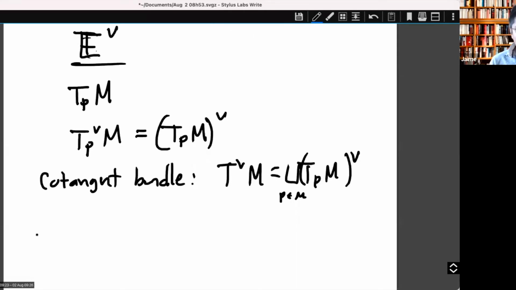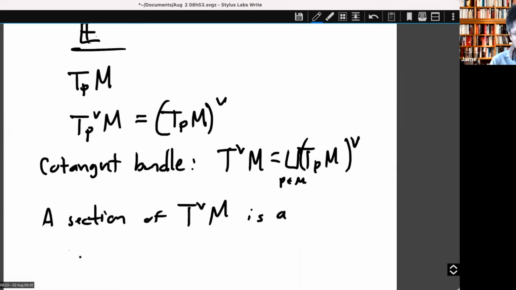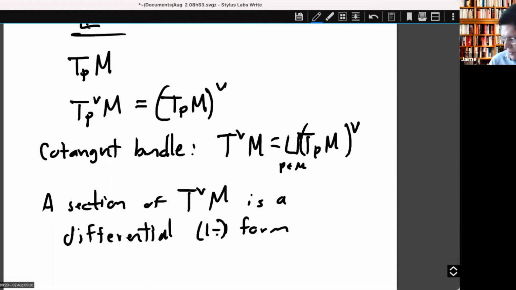This is the space we're interested in because a section of the cotangent bundle is what we call a differential form. Actually, it's a one form, right? This is the differential forms we are used to, okay?